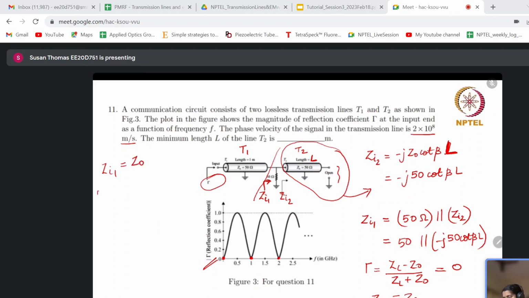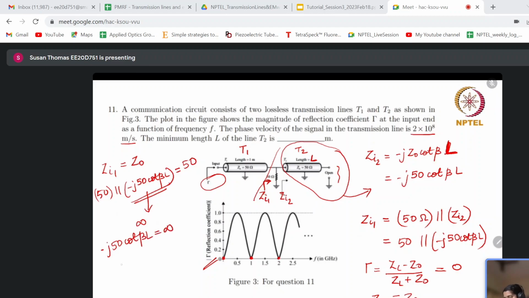So Zi1 is 50 parallel minus J50 cot beta L, which is equal to Z0. So it has to be 50. When will this become equal to 50? Only when this is infinity. So minus J50 cot beta L has to be infinity.